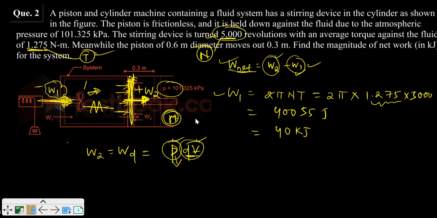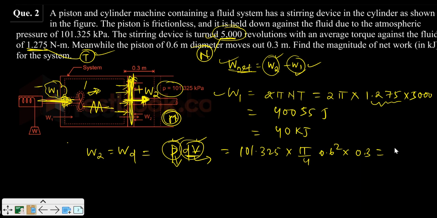So this will be equal to pressure 101.325, and dV will be equal to pi by 4 d square, so 0.6 square into 0.3. Let us calculate that.